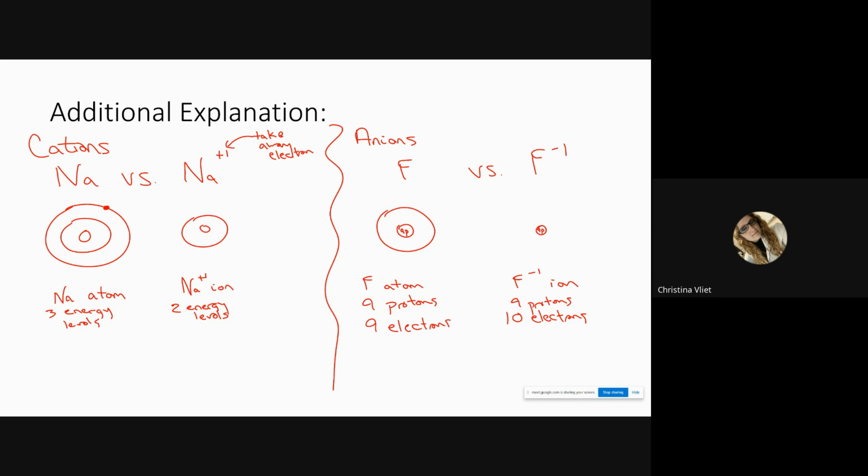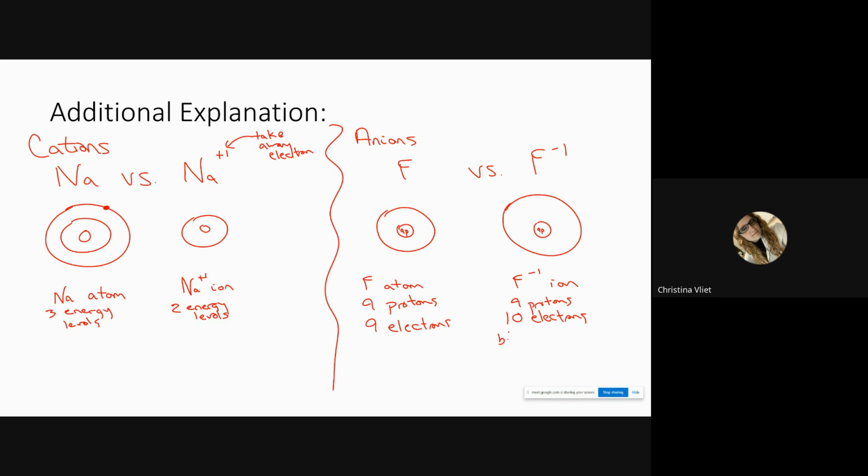What do we know about electrons? Do they repel each other or do they attract each other? They repel each other, so naturally the size would get a little bit larger. Although you have the same amount of energy levels, because you've got more electrons in that second ring, they start to repel. It expands.